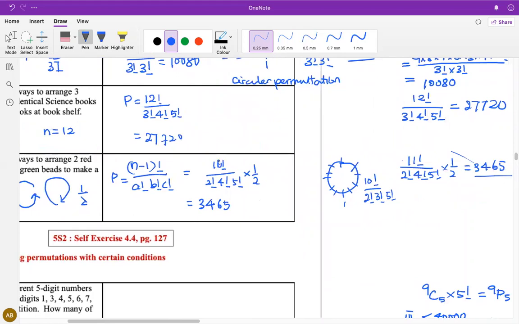So this is 10 factorial over 2 factorial over 4 factorial and 5 factorial. So you get 2520. Okay, so the earlier answer is incorrect. So it's 2520. Okay, so this one is wrong.